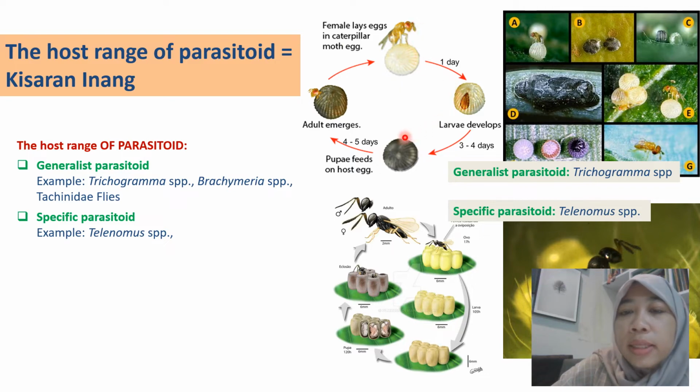And this is the egg that has been parasitized by the parasitoid. The color is different, maybe brown or black. Then the larva and pupa develop in that host, and after that the parasitoid will emerge from the egg.